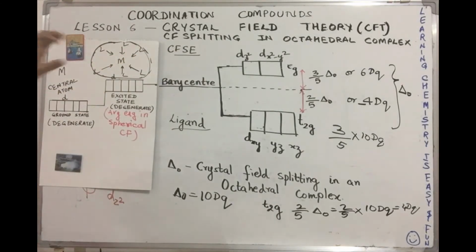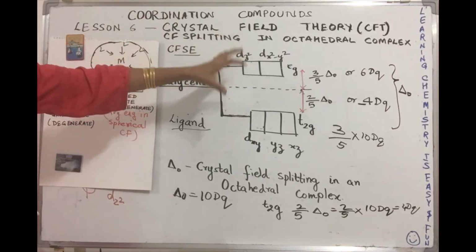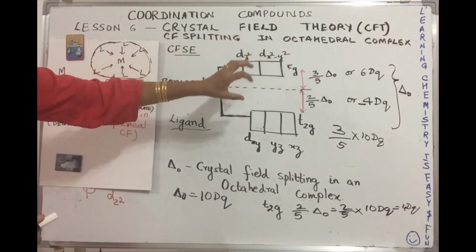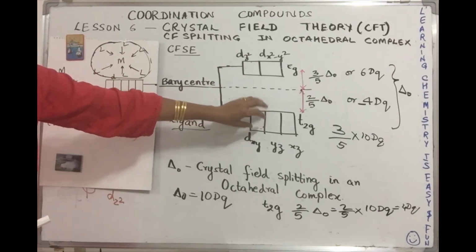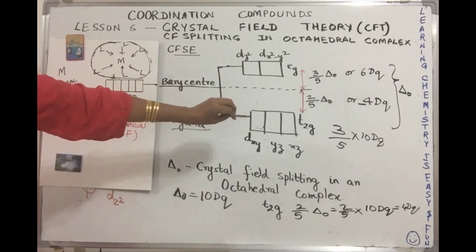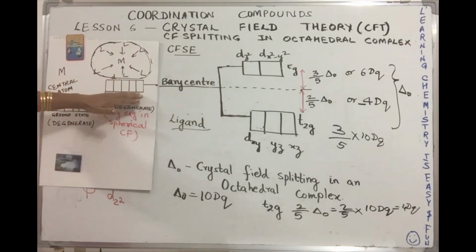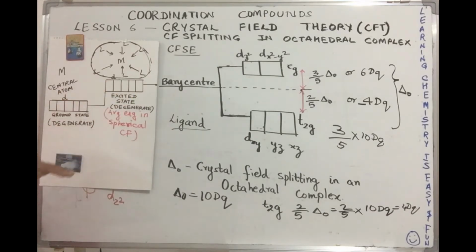Or simply put, the energy difference between the d orbitals in the metal atom when approached by a ligand and the metal in the isolated state is what we call CFSE, or crystal field stabilization energy.